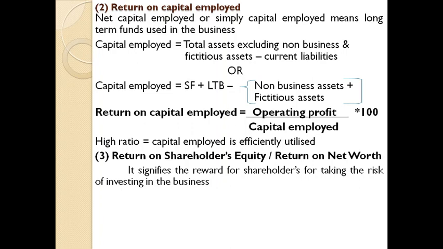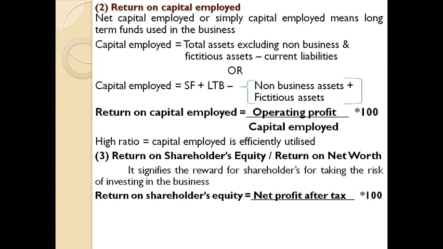Return on shareholders' investment, popularly known as return on investment (ROI), or return on shareholders or proprietors fund. It studies the relationship between net profit after interest and tax and the proprietors fund. The equation is return on shareholders equity or shareholders fund or net worth is net profit after tax divided by shareholders fund. Remember, then you have to use net profit after tax.